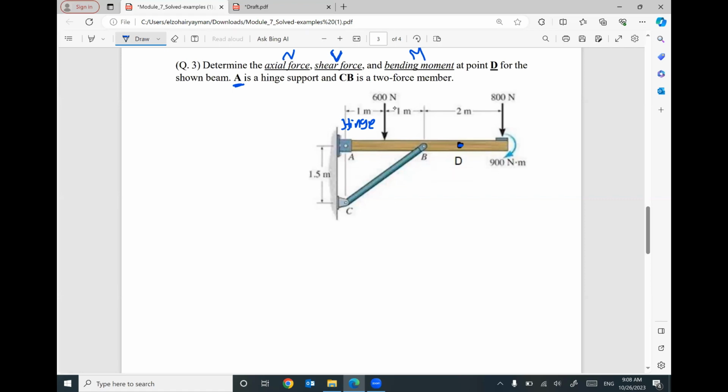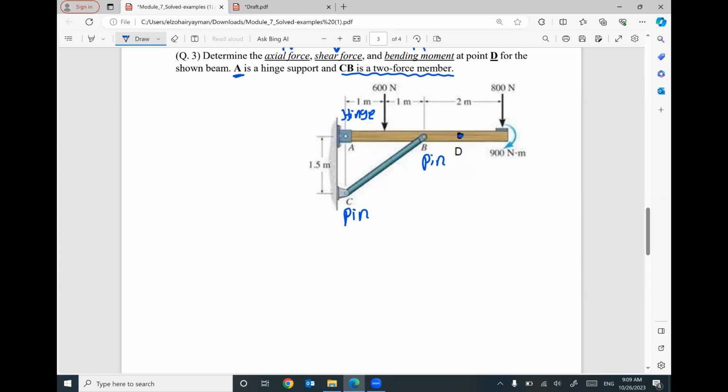And we are given a new member here called the CB. This member is called a two-force member. This member is special. This member has two ends, C and B. C is a pin, B is another pin connected to the beam.